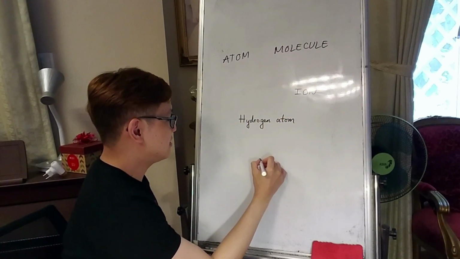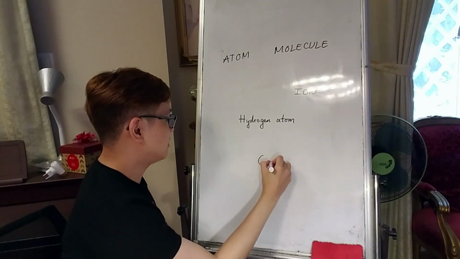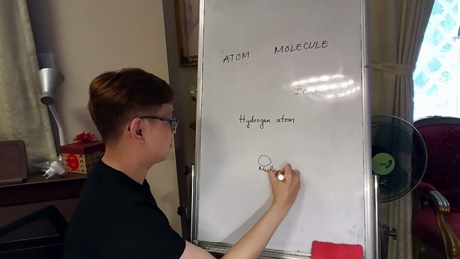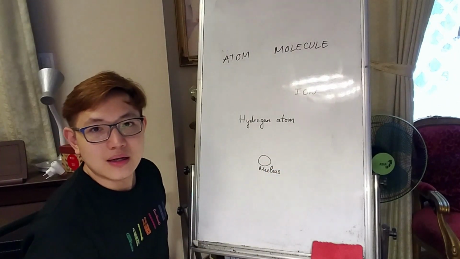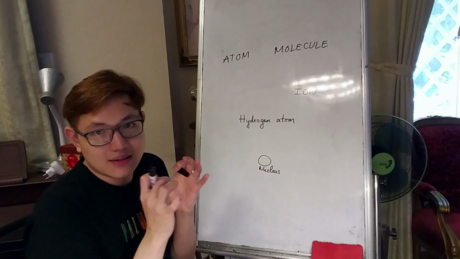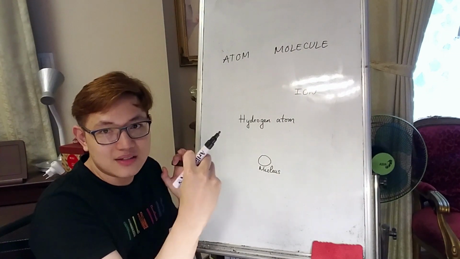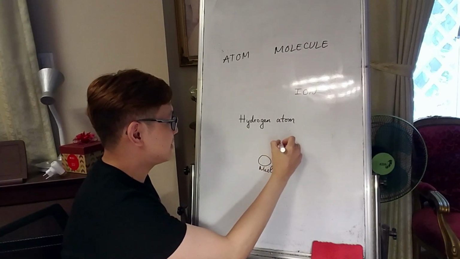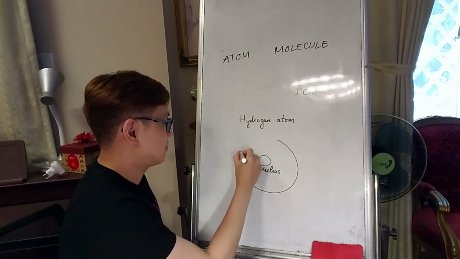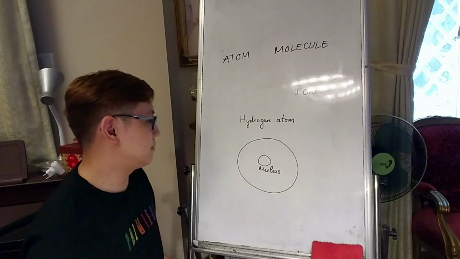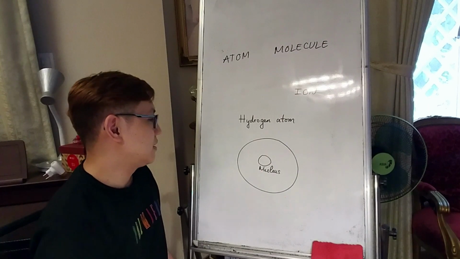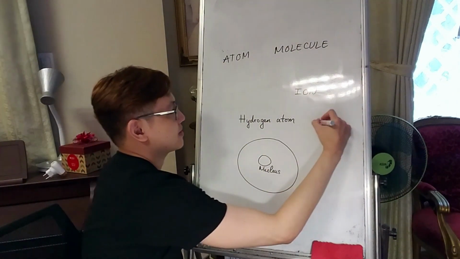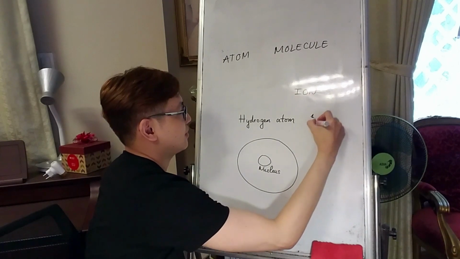it probably has the inside, which is called the nucleus. And the nucleus is basically, as you can see, the center of the atom. And there are many electrons flying around it. So in this case for hydrogen atom, it has, say, hydrogen 1,1.